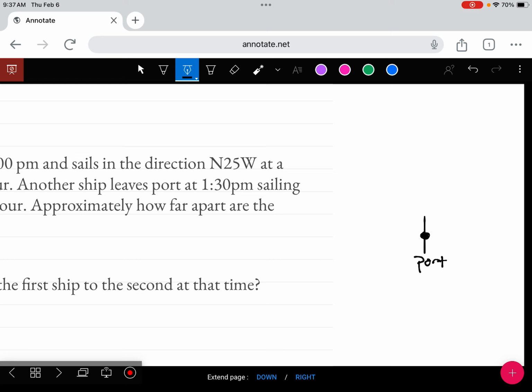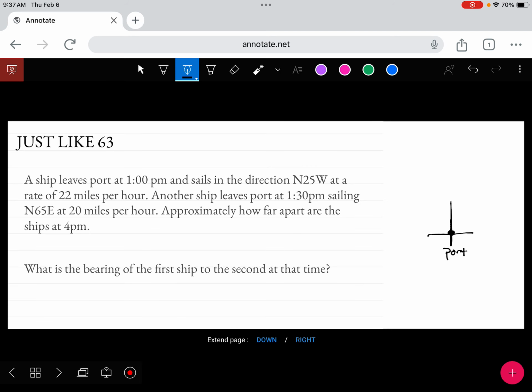And again, we think about never eating soggy waffles. So if our first boat, I'm gonna do purple, sails at north 25 west, quadrant 2, it's gonna go this way. And this angle is our 25.